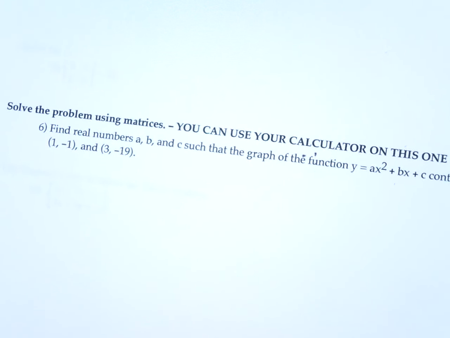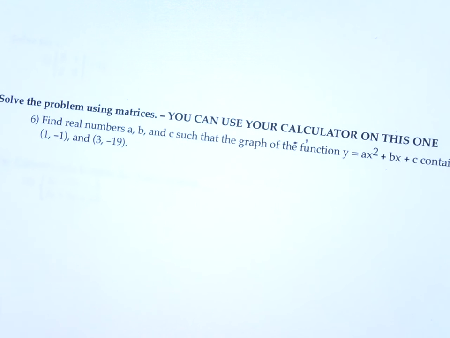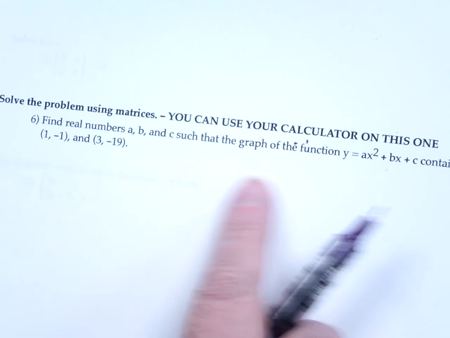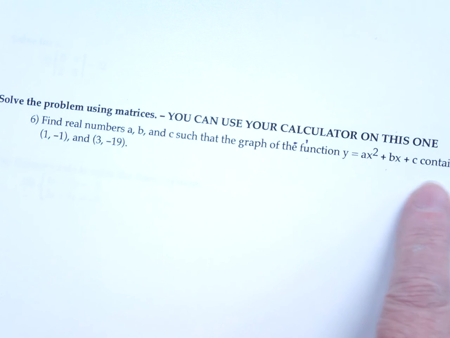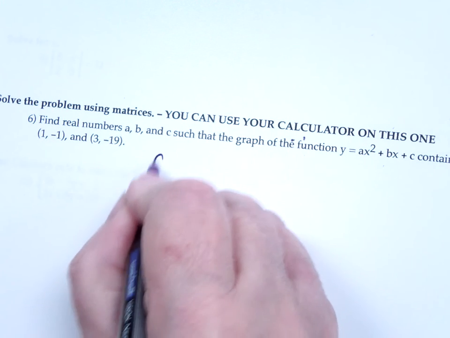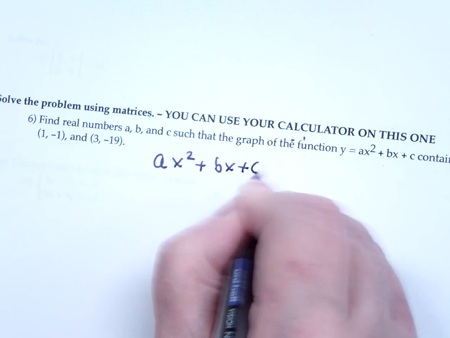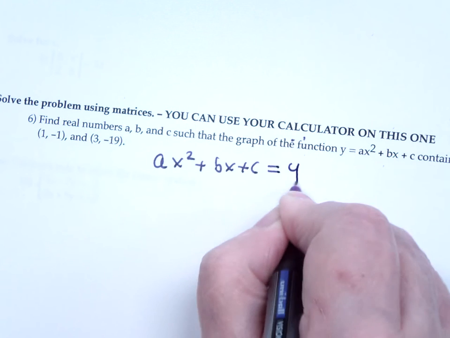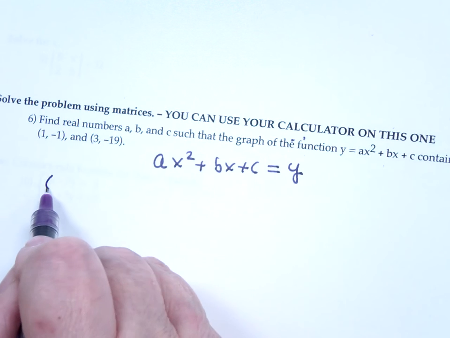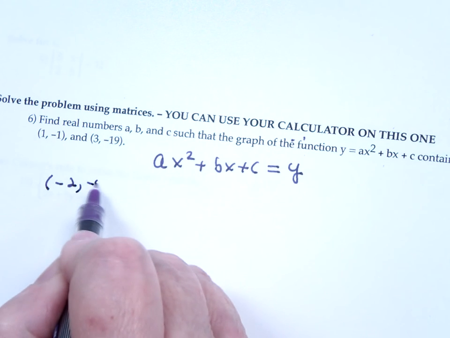Moving to this one, this is one just like you have in your packet. I want to find a function, y equals ax squared plus bx plus c. Find a, b, and c, where these are the coordinate points. So I know that ax squared plus bx plus c equals y. My first coordinate point is negative 2, negative 4.